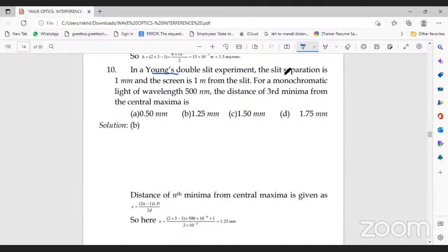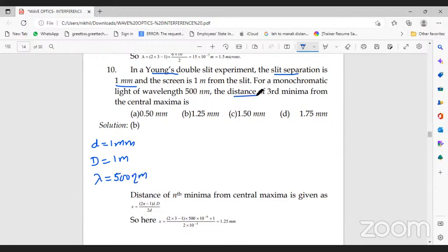In Young's double slit experiment, slit separation is 1 mm. The screen is placed at 1 meter. Monochromatic wavelength is 500 nanometer.